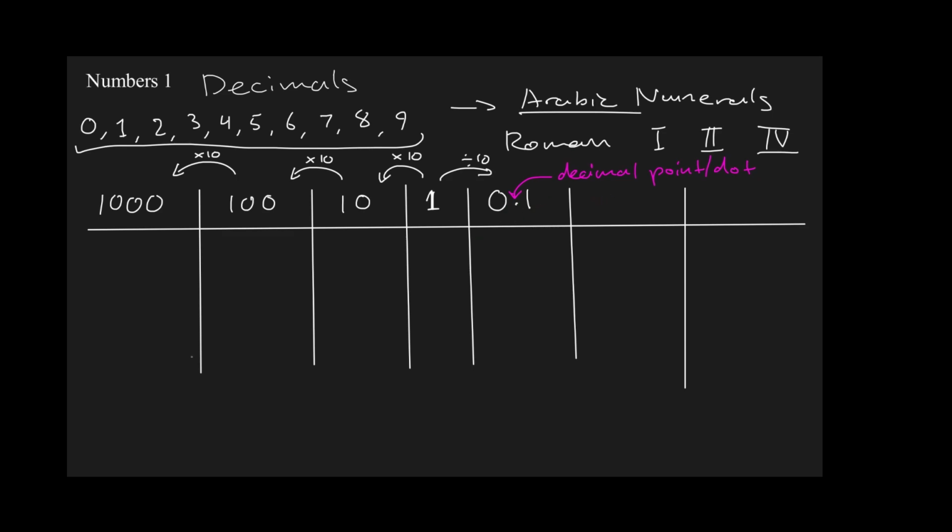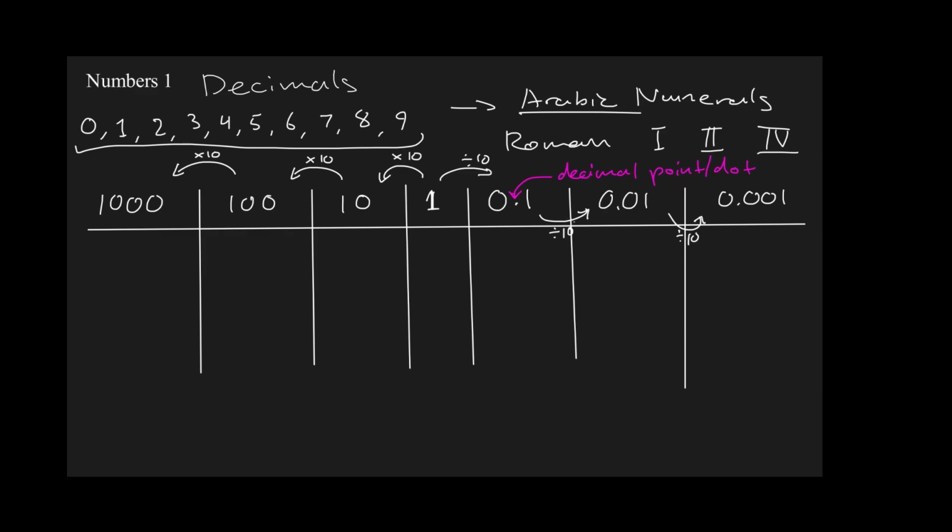So if I had something like 3.5, this is 3 wholes with a half next to it. That's not a very good explanation, is it? Okay, so we'll come back to that decimal point in a second. But if you divide that by 10 again, I'm gonna get 0.01. And if you divide that by 10 one more time, we're gonna get 0.001. Okay.